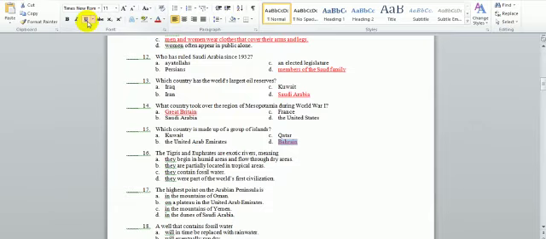The Tigris and Euphrates are exotic rivers, meaning, guys, the idea of exotic rivers is that they begin in humid areas and flow through dry areas. The meaning here is not about the meaning of Tigris and Euphrates. It is the meaning of exotic river, just not to be confused.